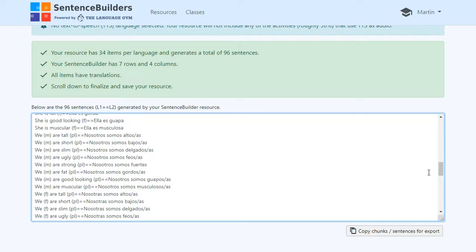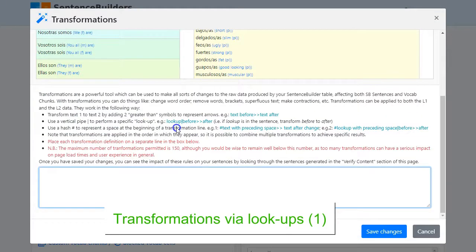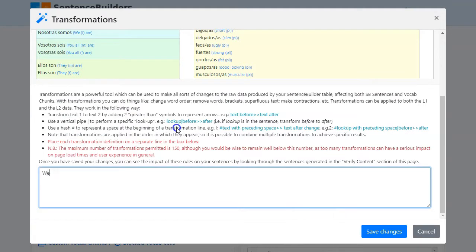So what we can do at this point is add some transformations to remove those plural markers from our sentences. So we go to our transformations, and we can say, for example, that if our sentence contains we, then any reference to plural, so I'm going to put a space, PL, is removed.